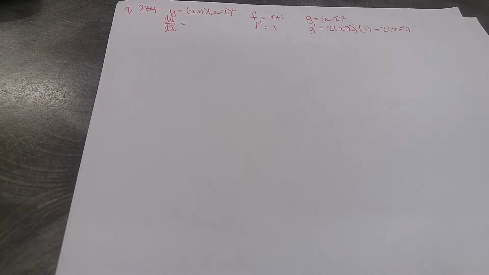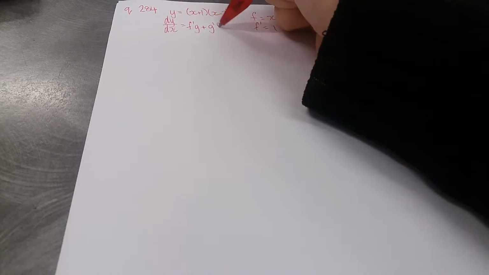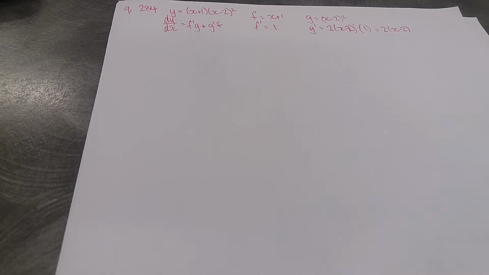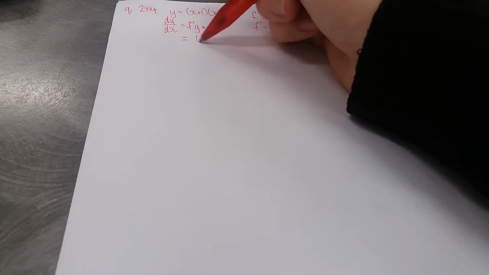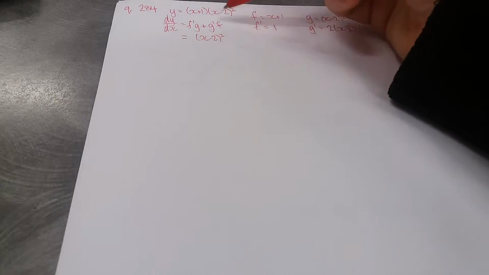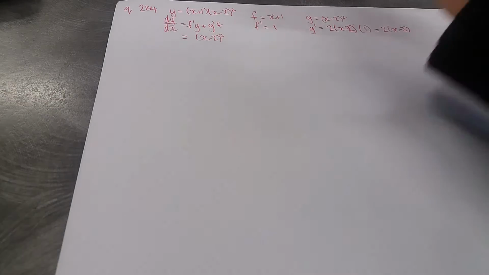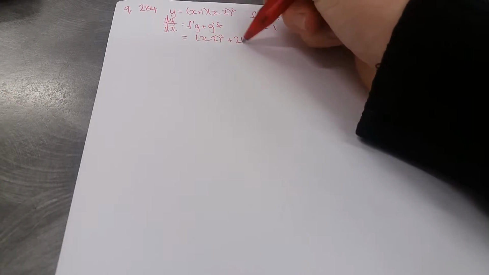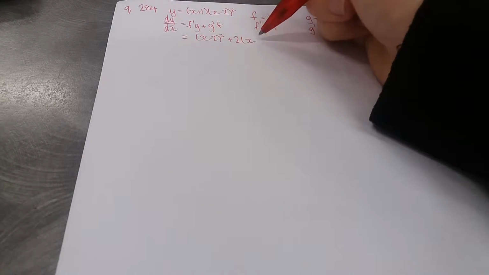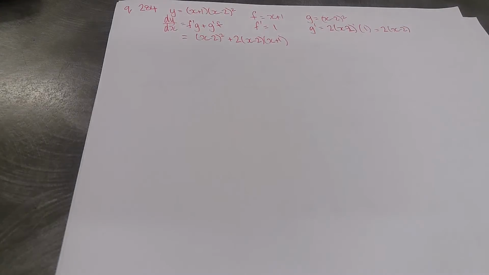So our derivative is 1 times x minus 2 squared plus x plus 1 times 2 x minus 2. Okay, so this is our gradient function.